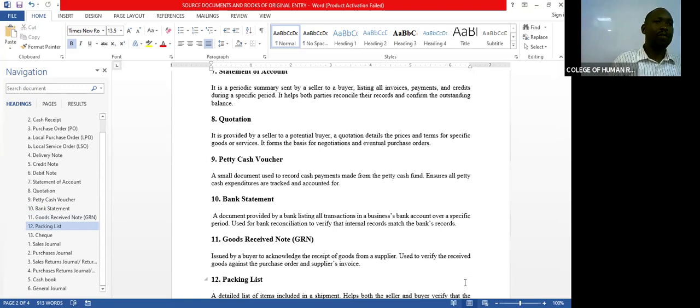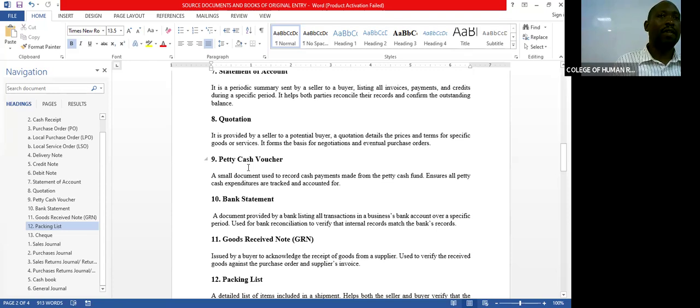The petty cash is meant to finance those trivial but frequent transactions in an organization, and therefore the petty cashier who is in charge of the petty cash, anytime he issues or spends a certain amount of money from the petty cash, to prove that transaction, the petty cashier will have to prepare a petty cash voucher.